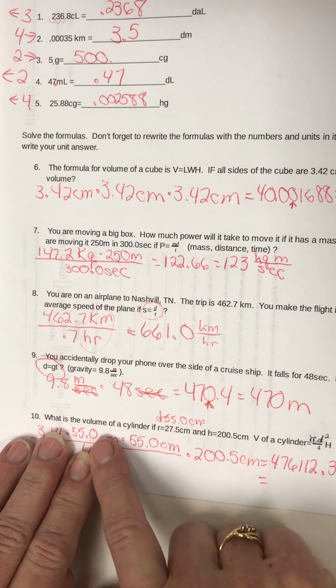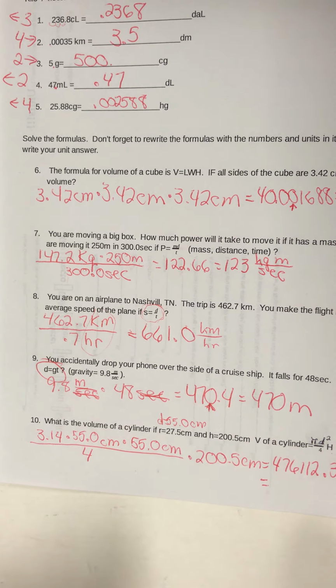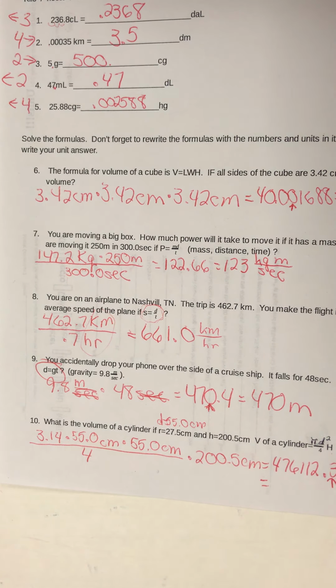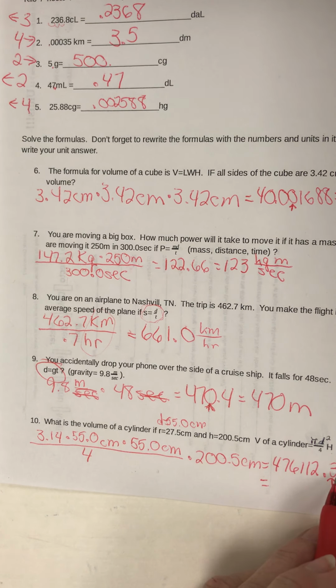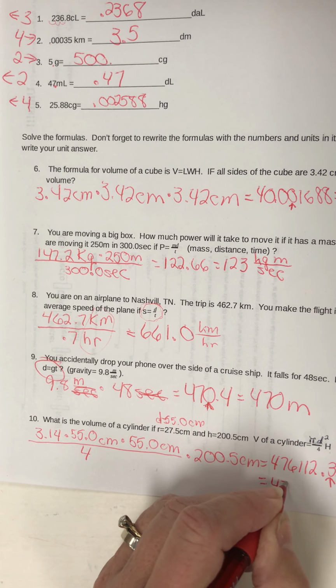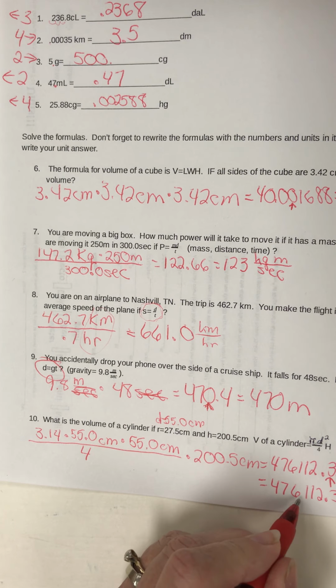So just the 55.0s and this, and they all have 1 decimal place. So my least number of decimal places is 1, so I'm going to round to this 3. The 1 makes the 3 stay the same, so my final answer is 476,112.3. I'm going to put commas in there.